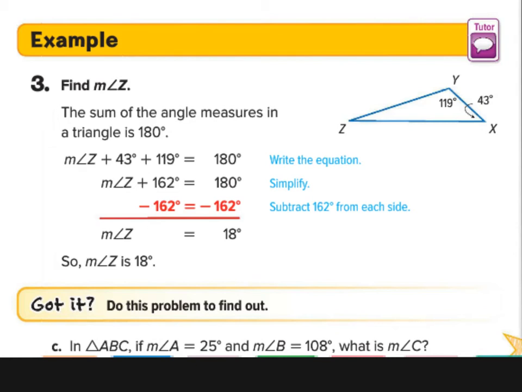And then we invert the operation, right? You go ahead and just add these two because it's already addition. So add it together, it becomes 162. You invert the operation, and subtract the 162 from this side so that you isolate your Z, and Z equals 18. So the measure of Z is 18.